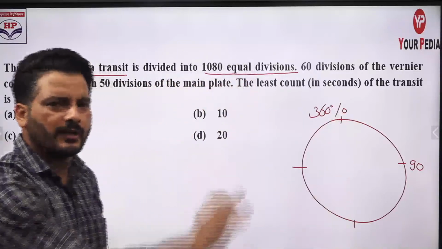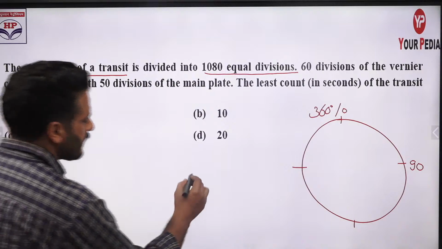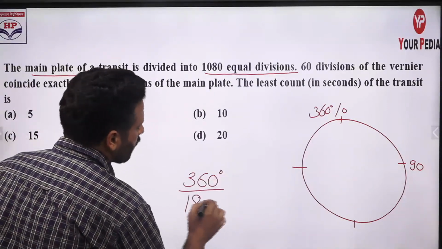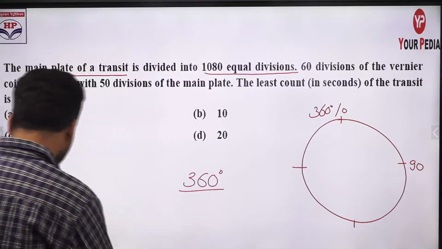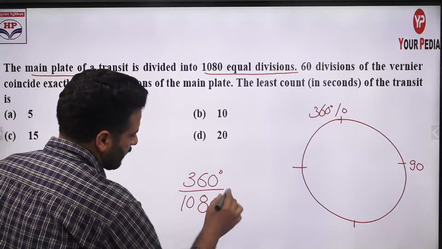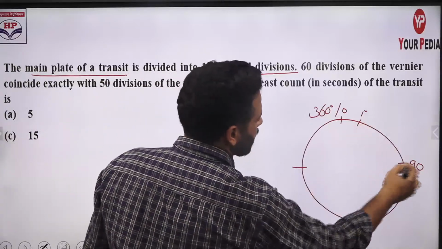Okay, I am just showing it in a random way. So this 360 degree angle is divided into 1080 parts. Fine, this is written in the question.